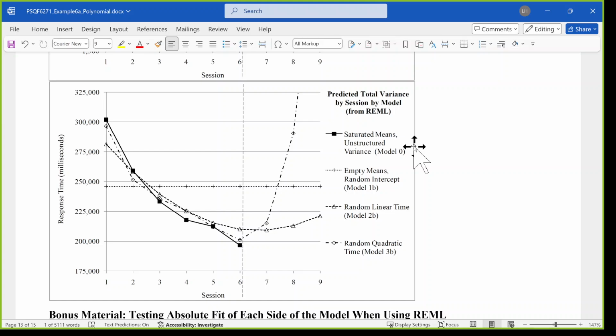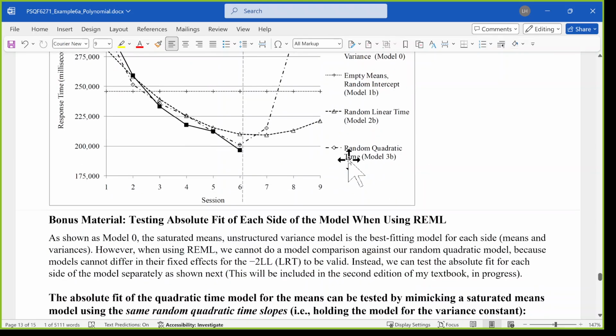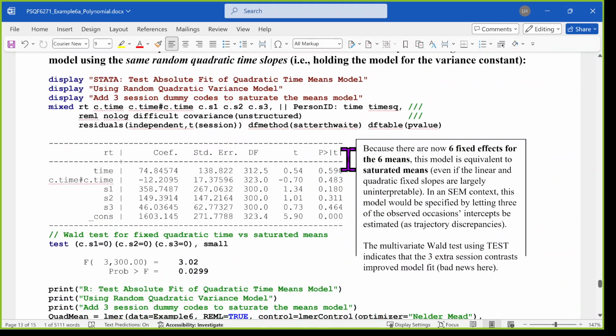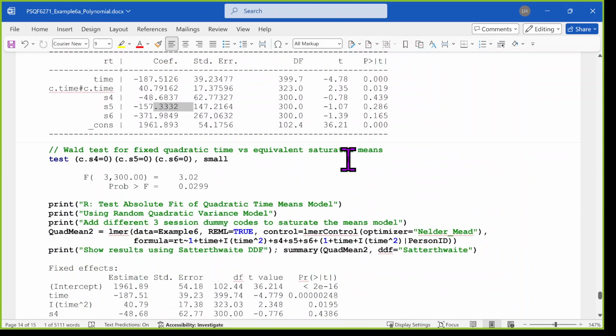That's my question. I can, because in REML you're allowed to compare different models for the variance, but I have to keep the fixed effects the same. That's the only catch. So I can't compare random quadratic back to saturated means unstructured, because those differ in their fixed effects and their random effects. But I can if I fit fixed quadratic with unstructured. So that's my last one.